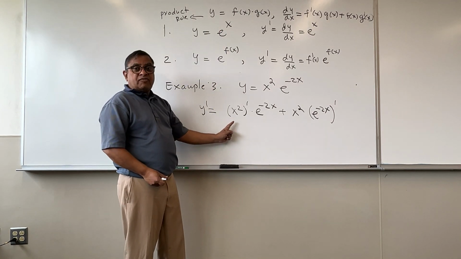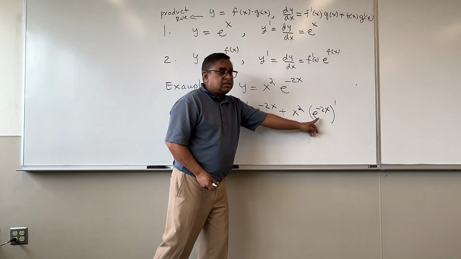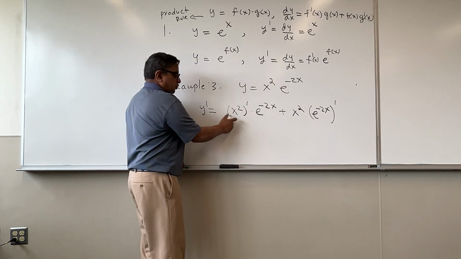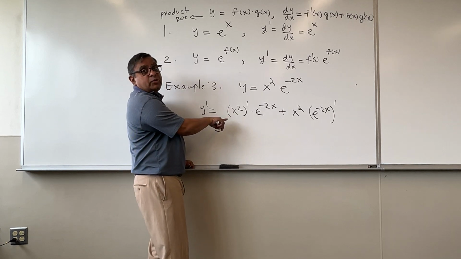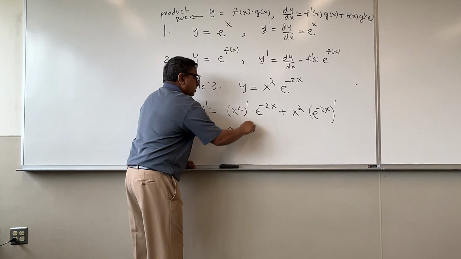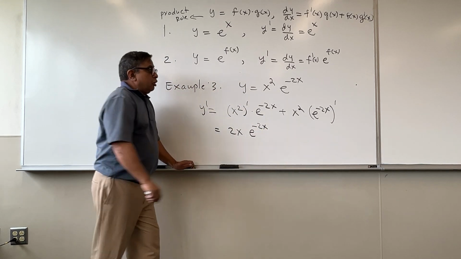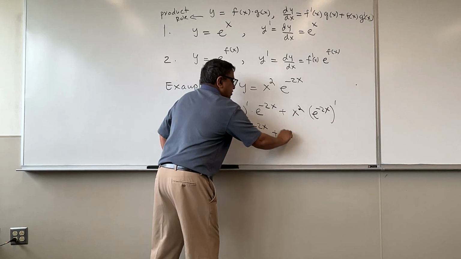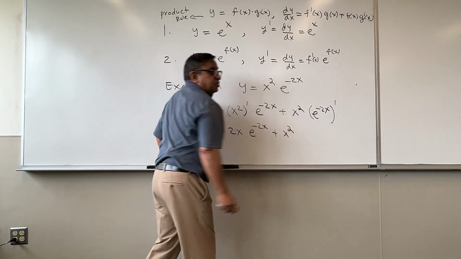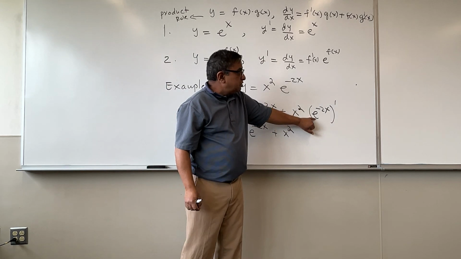Now let's differentiate this function as well as that function. First this one. What's the derivative of x squared? Derivative of x squared is 2x. Times, write the function as it is, plus x squared times, you got to differentiate exponential function. It's exponential function.